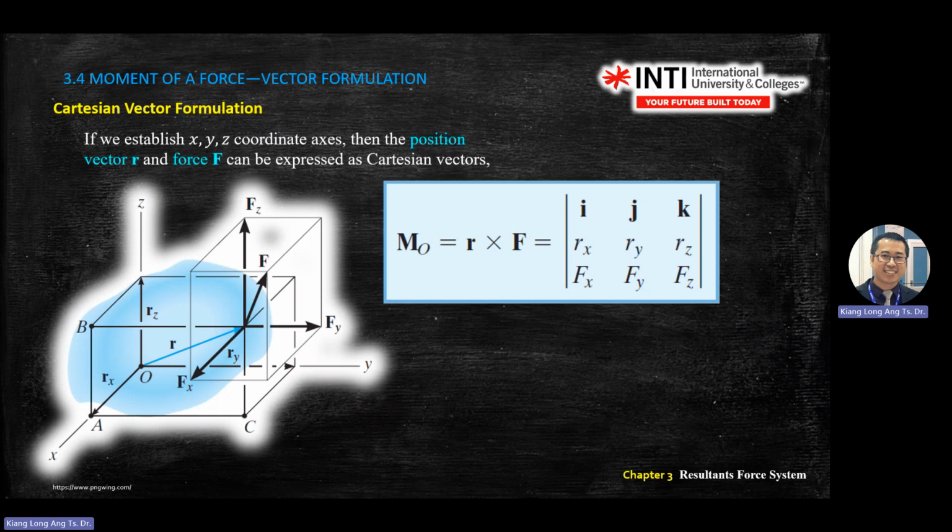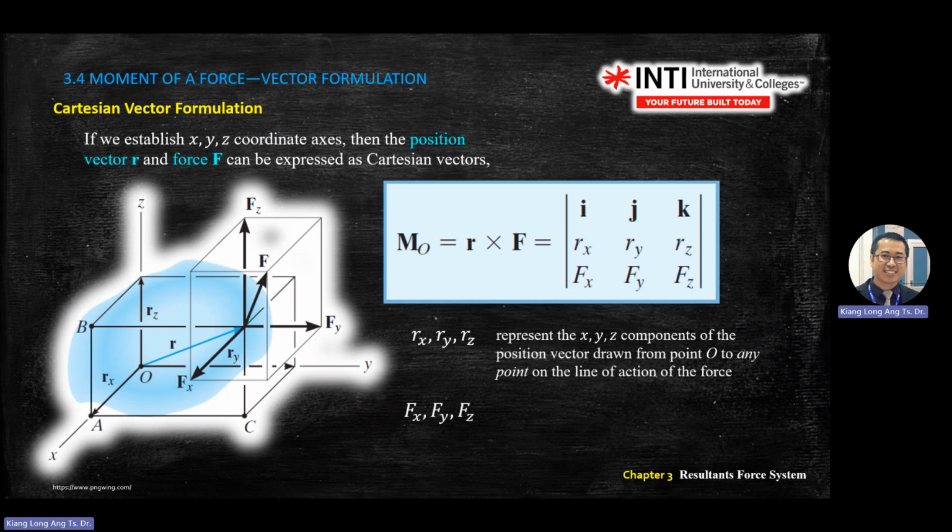J, you take I cross K, negative J. Rx Fz minus Rz Fx, J. Move your finger to K. K, I cross J, positive K. So Rx Fy minus Ry Fx, K. Okay. So the rest you read.